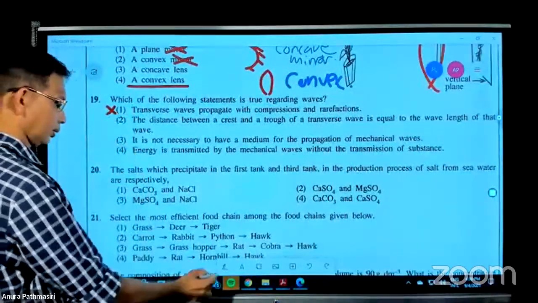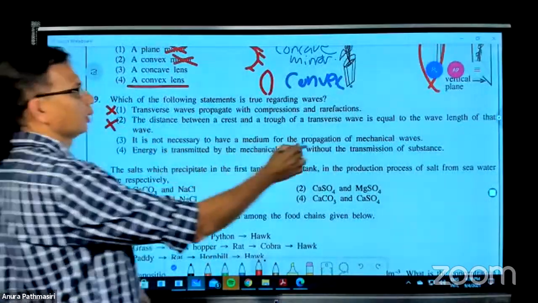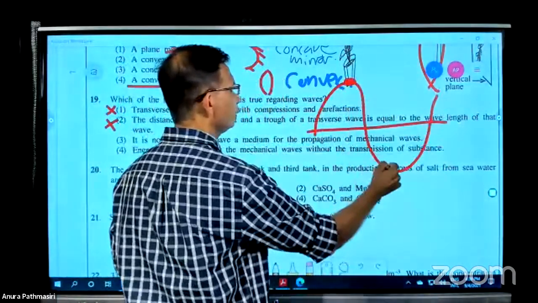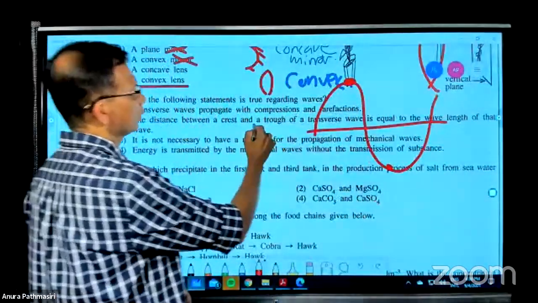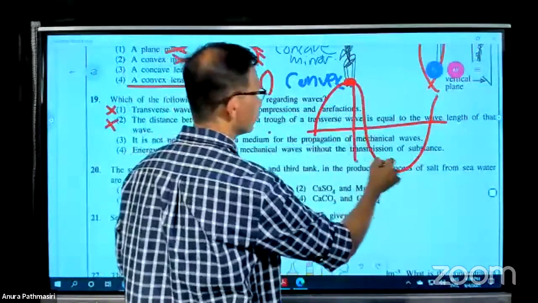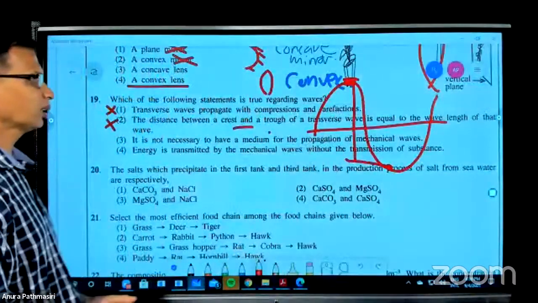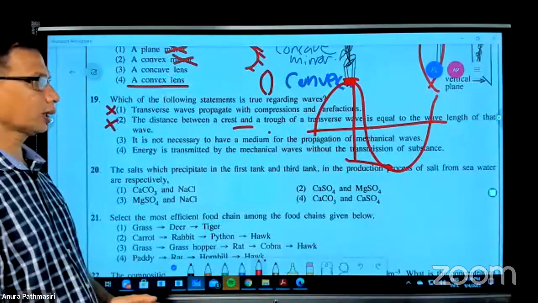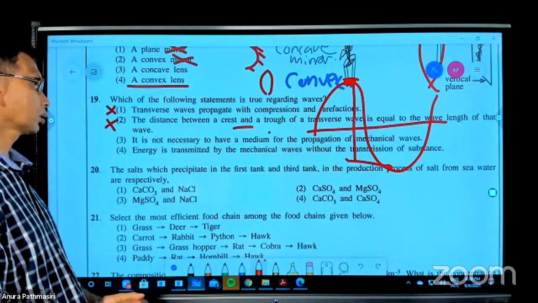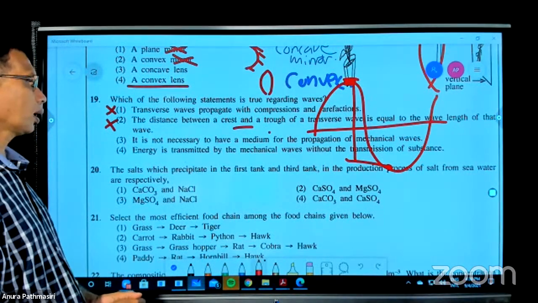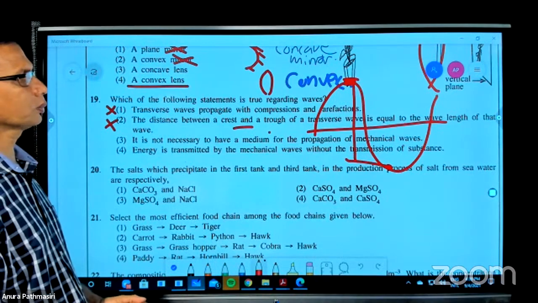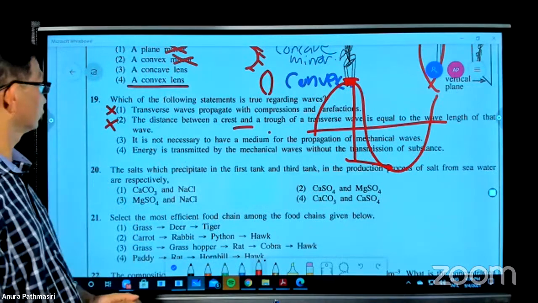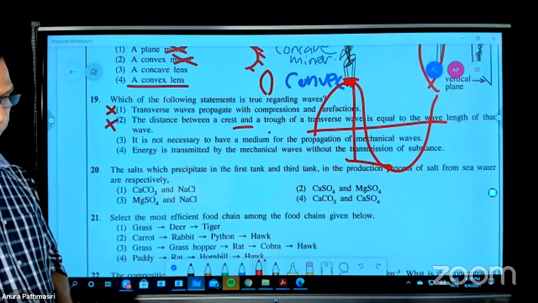You don't have that idea. If you have a wave, something like that, from a crest to the next crest is one wavelength. Is that correct? No. It is not necessary to have a medium for propagation of mechanical waves. Wrong. Energy is transmitted by mechanical waves without transmission of substance. Are all wrong then?